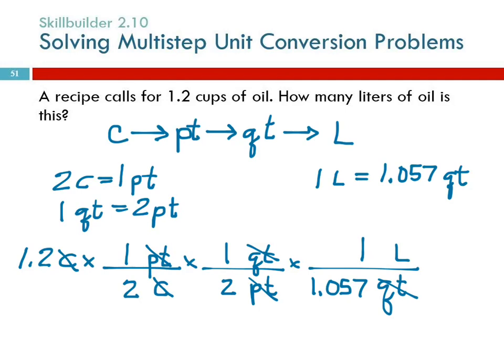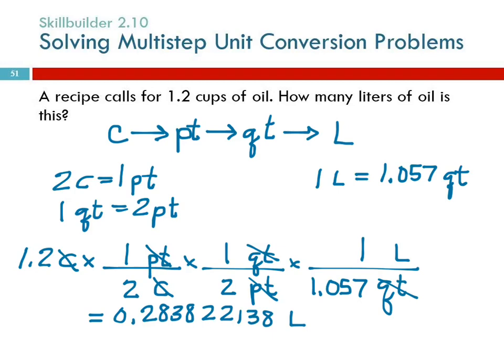Just do the whole thing as a string in your calculator and write down the final answer. 1.2 times 1 divided by 2 times 1 divided by 2 times 1 divided by 1.057 equals 0.283822138. And what's the unit?